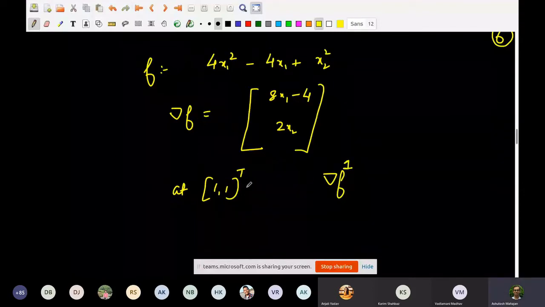The superscript 1 means I am at the first iteration. At the first iteration, my gradient is going to be 8 minus 4 is 4, and 2 times 1 is 2.